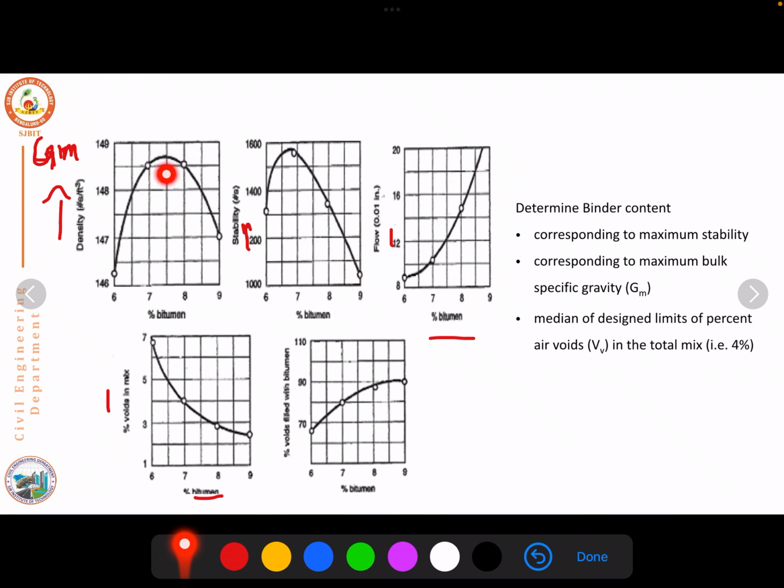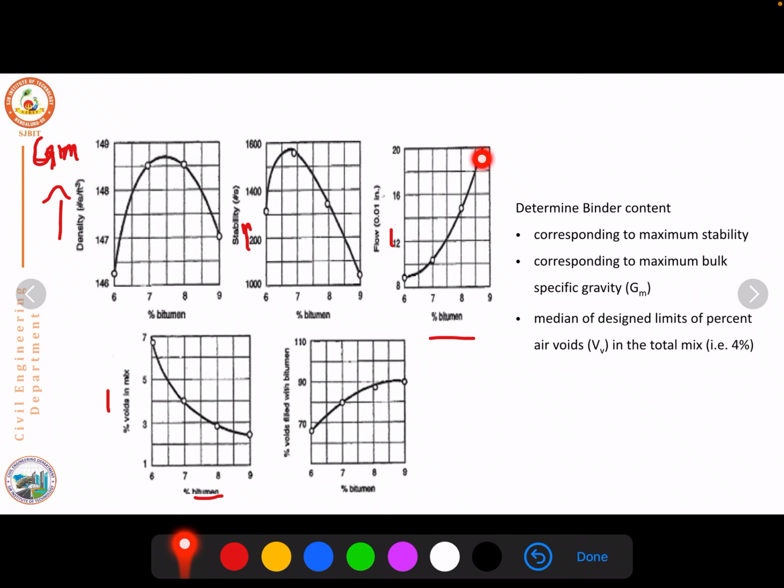This is because when the binder content increases beyond this point, the aggregate portion is replaced with the binder, so the total stability or density value reduces. But the flow value increases with the increase in the binder content.